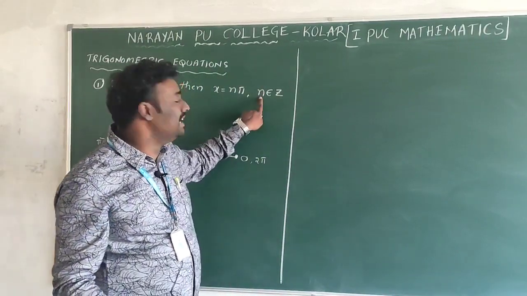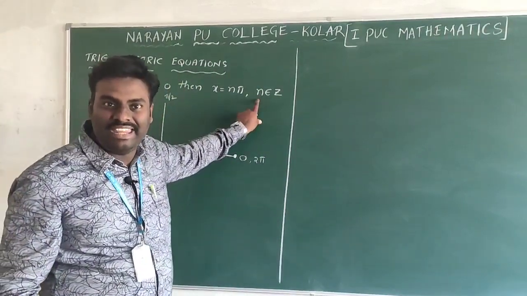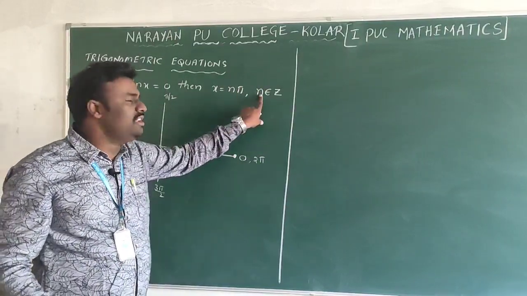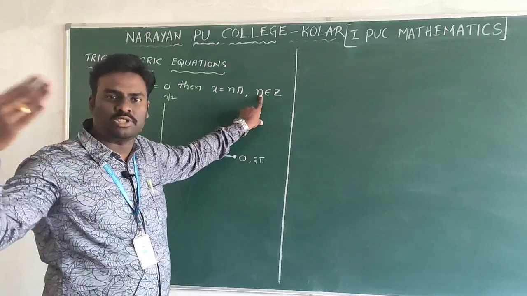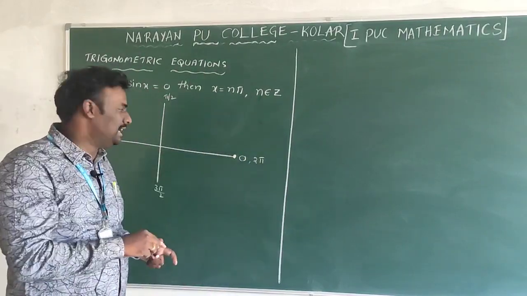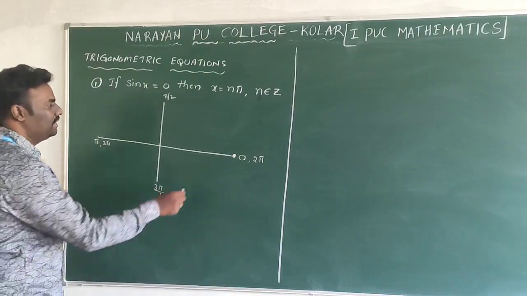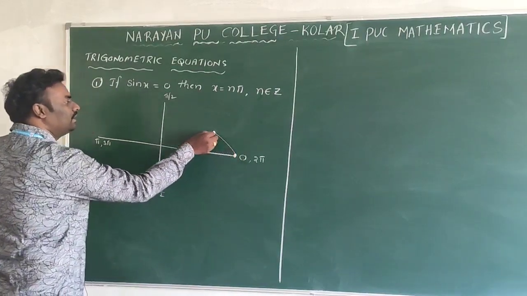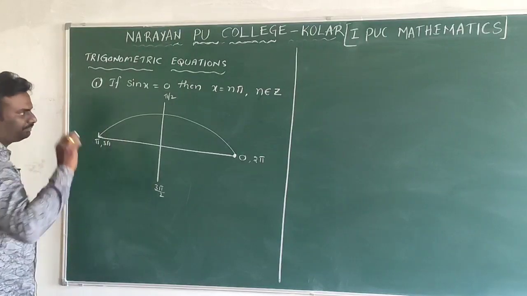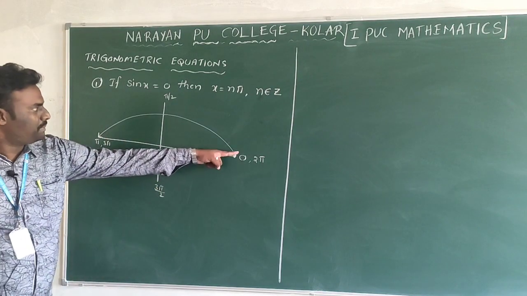Why? Because here I mentioned n is an integer, that is, we can take plus 1, plus 2, plus 3, or minus 1, minus 2, minus 3. First I am giving the explanation. If you take the rotation in this direction, this is pi.